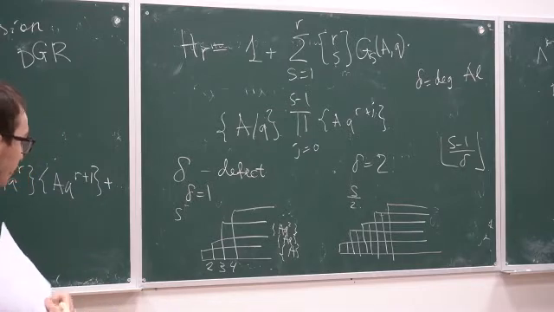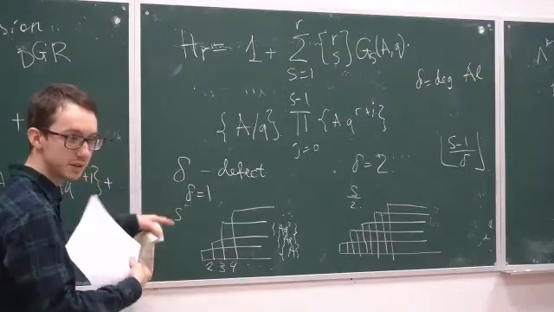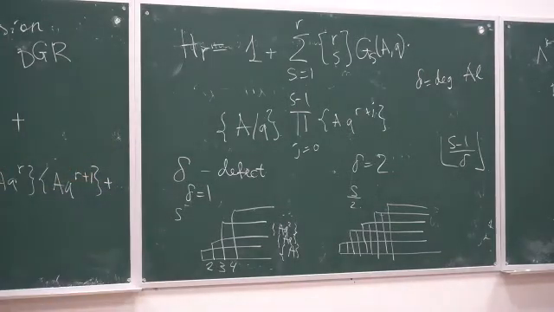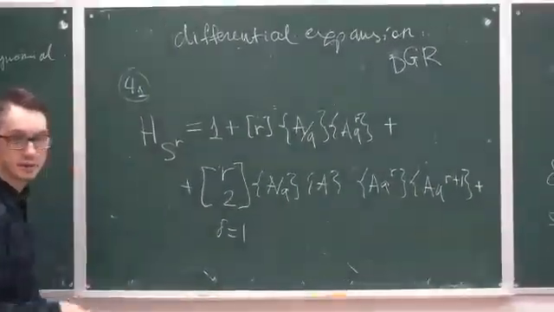Yes. So for any knot, delta is the degree in q of the Alexander polynomial. For example, here we have linearly growing factors, and it corresponds to delta equals 1. So the degree of the Alexander polynomial is 1.